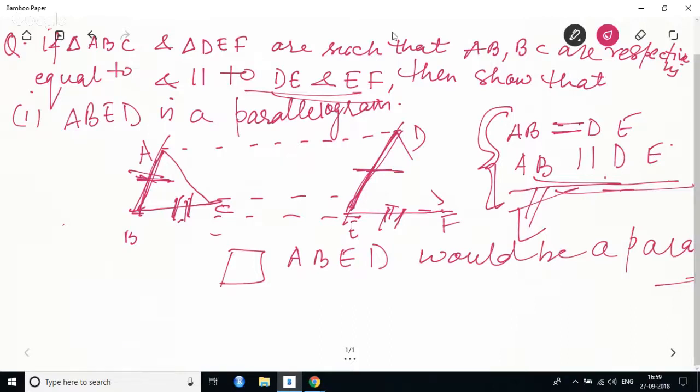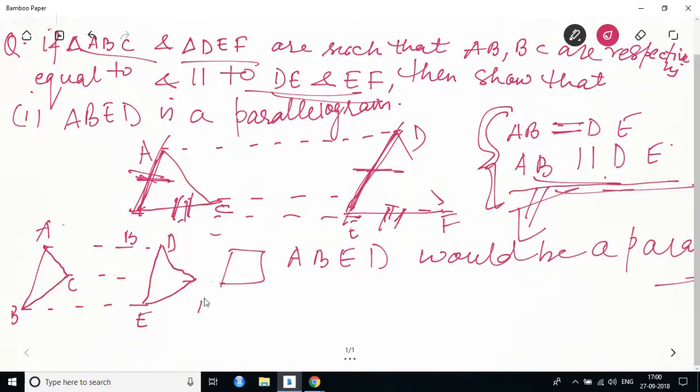So just because two triangles have been given in this question, don't get discouraged. Just make a diagram. I know this diagram is not proper. So let me make a proper diagram. Like this. Now this looks like a proper diagram. So this is A, this is B, this is C, and this is D, this is E, this is F. So ABED I have already proved, which is the front side.